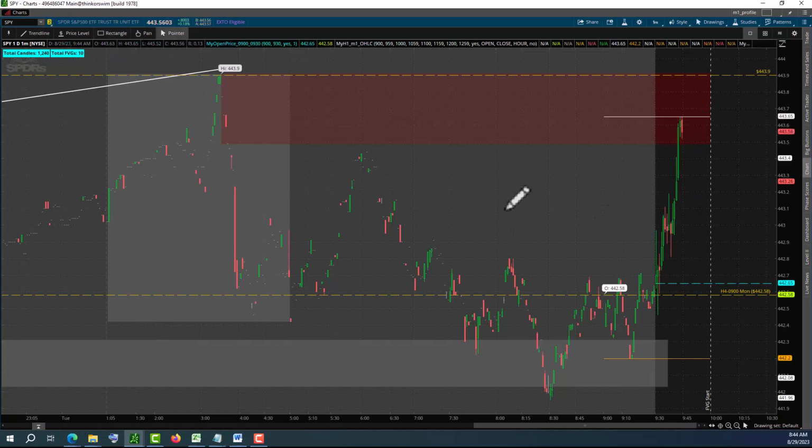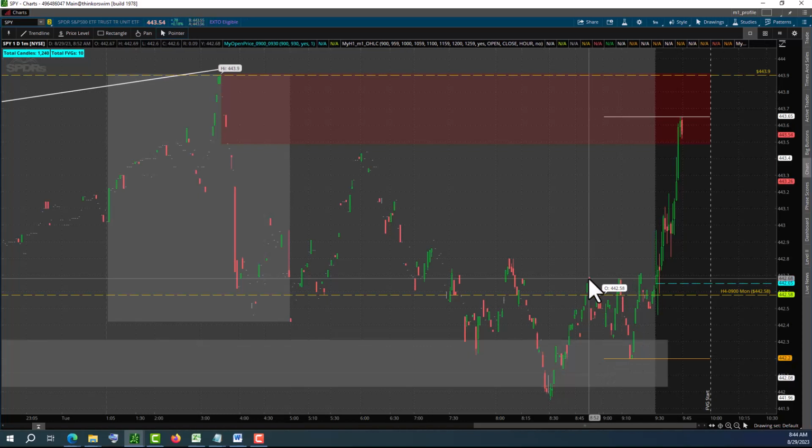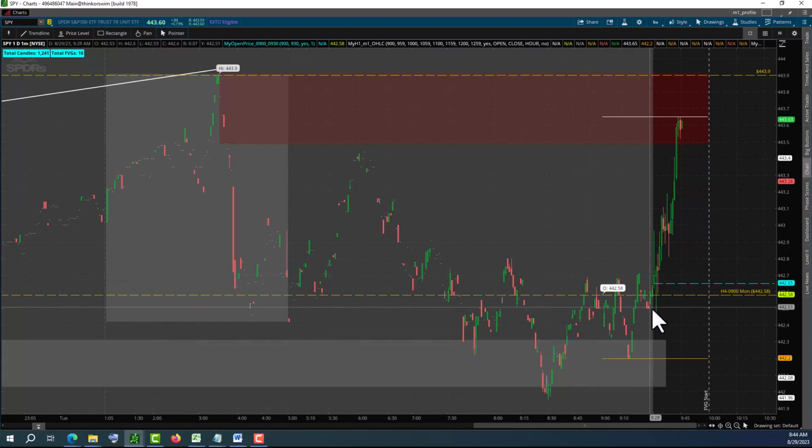So if we are here, we know it's going to go there, and you see the setup right there, boom, boom right here, and then it makes a higher low. And right here it takes the buy side liquidity, then pulls down here and makes another higher low.